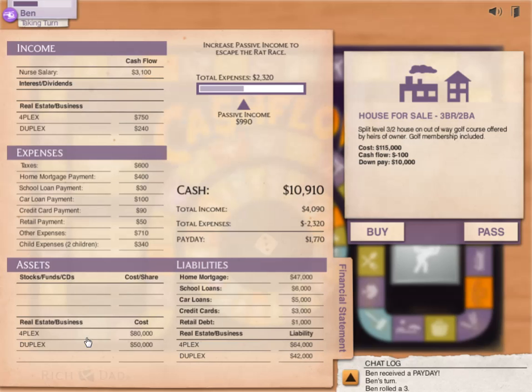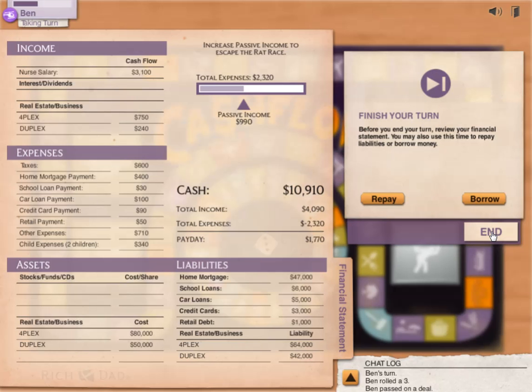We bought a huge fourplex here for 80 grand, and this is even more. It's going to cost us $10,000, and it's going to have a negative cash flow of $100. So the likelihood of this going up is virtually zero, and this is taking money from us every single paycheck. Essentially, this is negative geared, and this is a really good example of what Robert Kiyosaki suggests is not a good way to do things. So we're going to pass on that one.